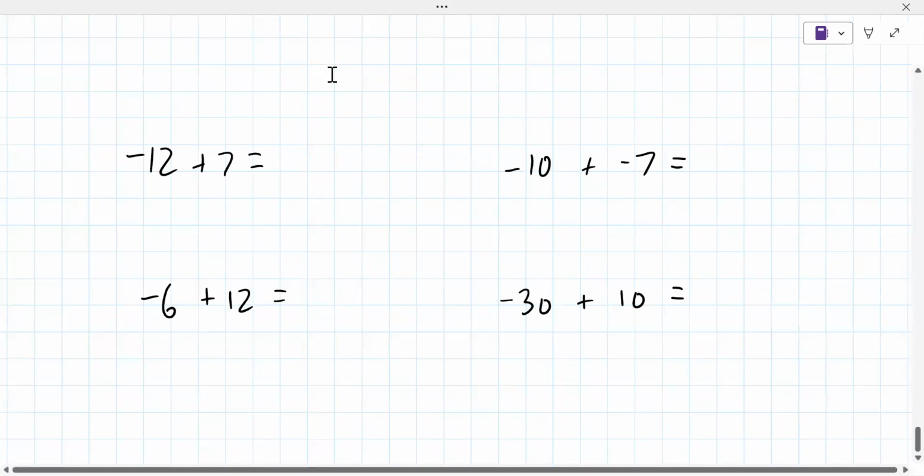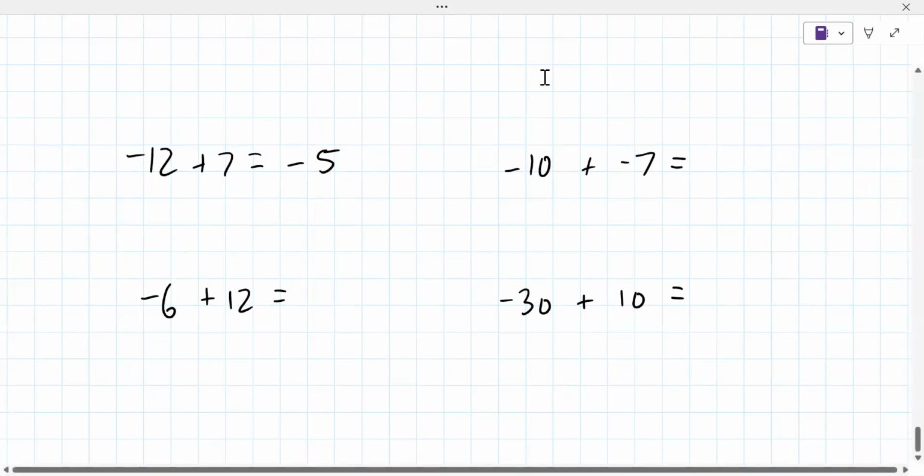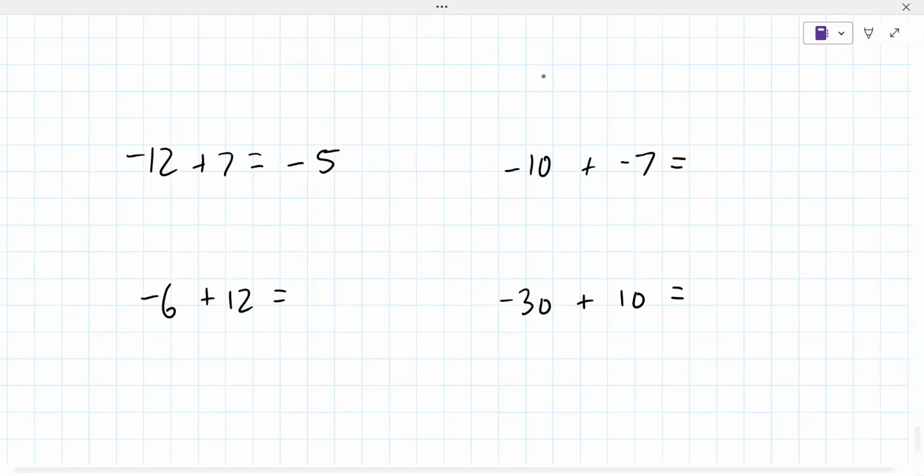It's better that you take a little longer and get them right than to rush through it and get it wrong. That'd be negative 5 for that one. Then negative 10, which is further from 0. Well, actually, it's already the same sign, so never mind. That would be negative 17.